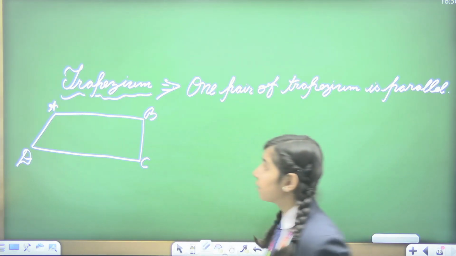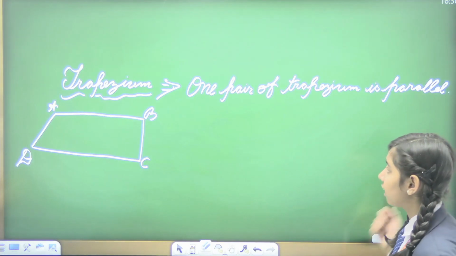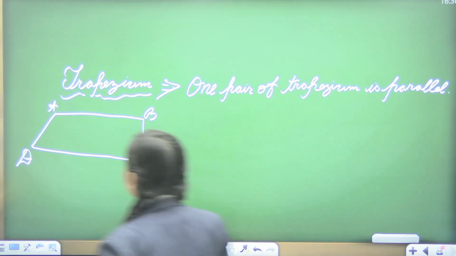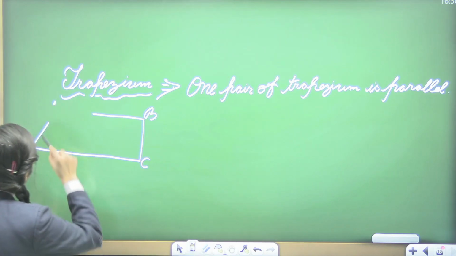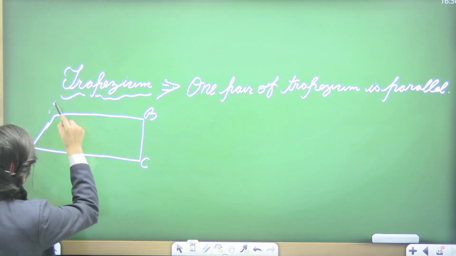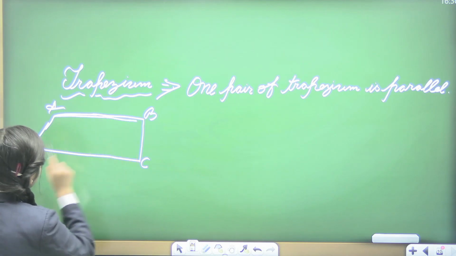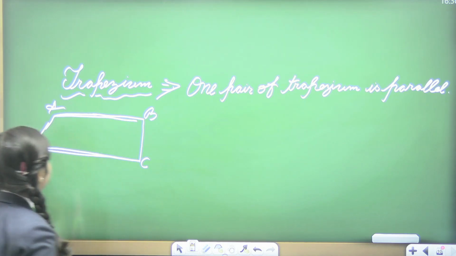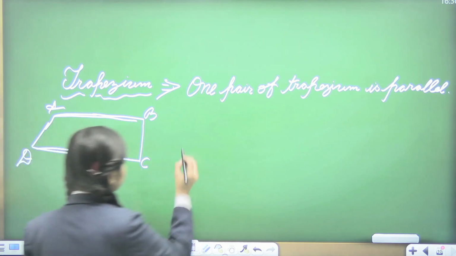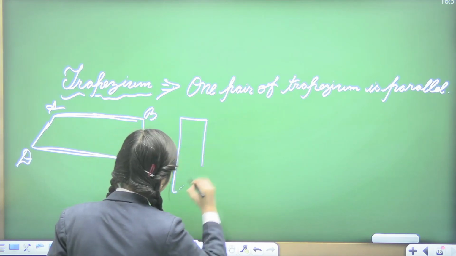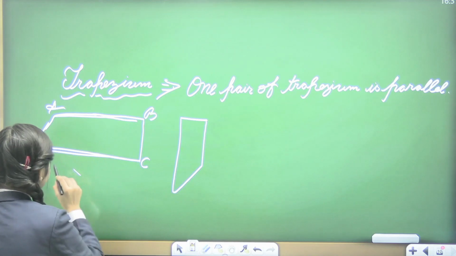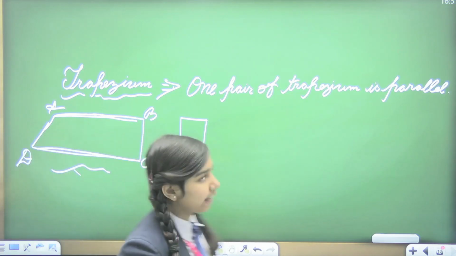A trapezium is not a big deal. It just has a pair. We'll take this pair, and that is parallel. It can be drawn like this, but I drew it like this, it doesn't matter.